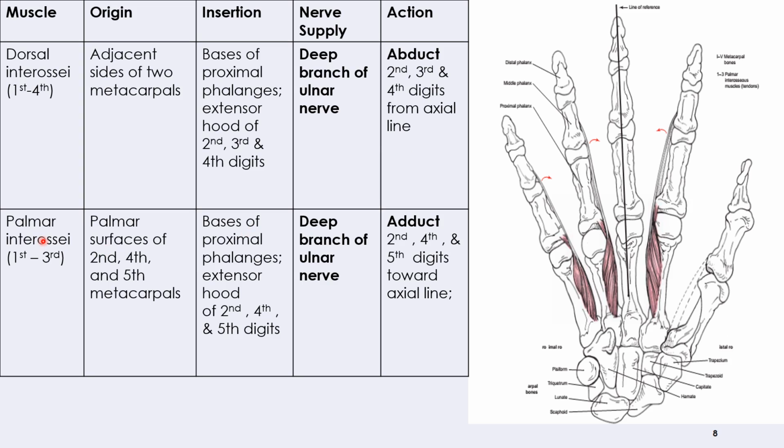Then the palmar interossae, they originate from the palmar surfaces of the second, fourth, and fifth metacarpals. They insert at the bases of the proximal phalanges, and they also insert at the extensor hood of the second, fourth, and fifth digits. Nerve supply, deep branch of the ulnar nerve. The action, adduction.